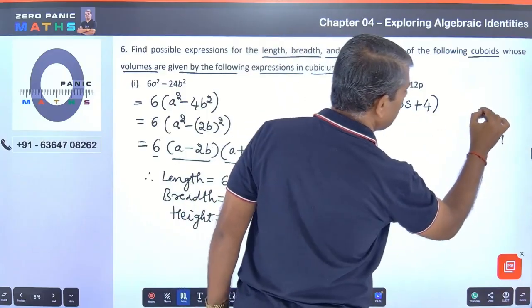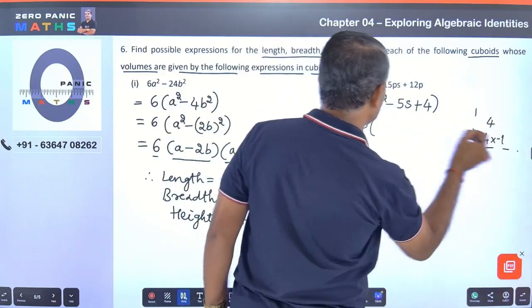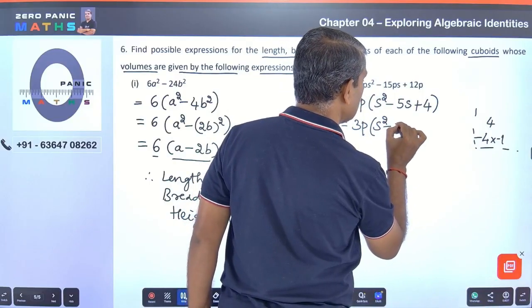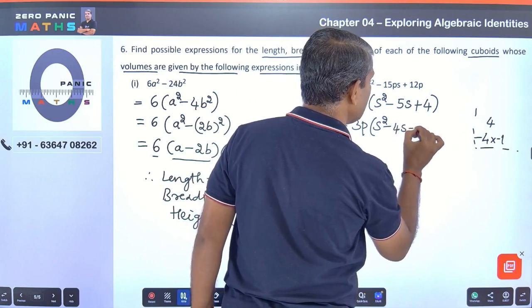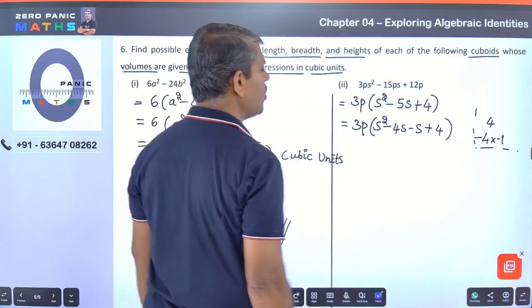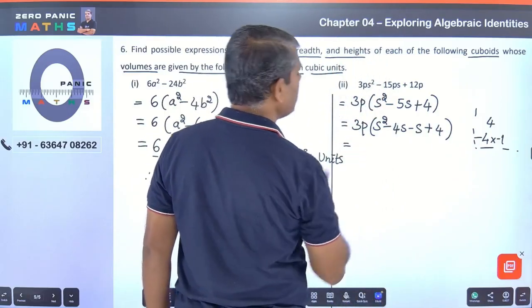So let me split the middle term this way: s square minus 4s minus s plus 4.